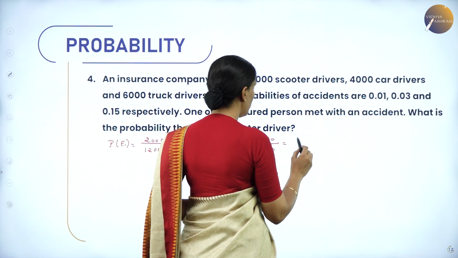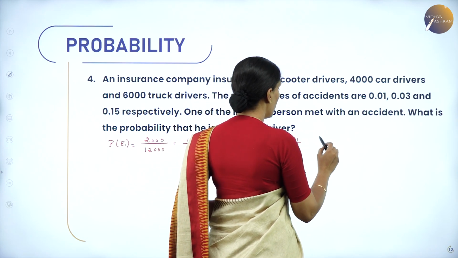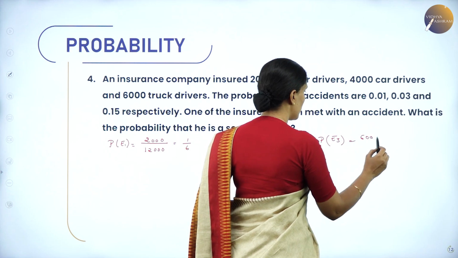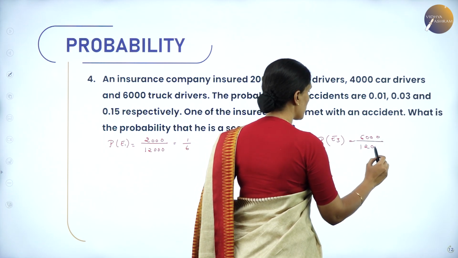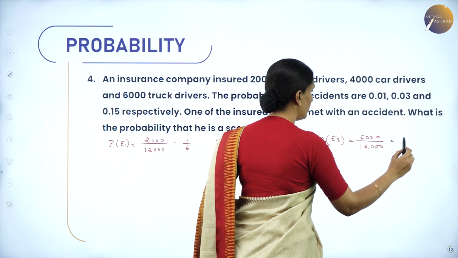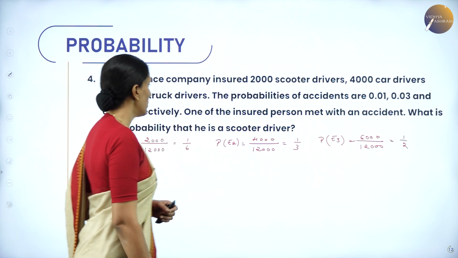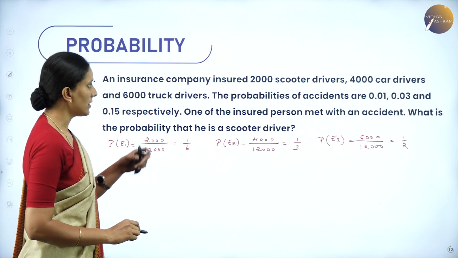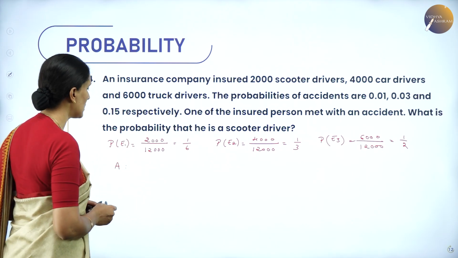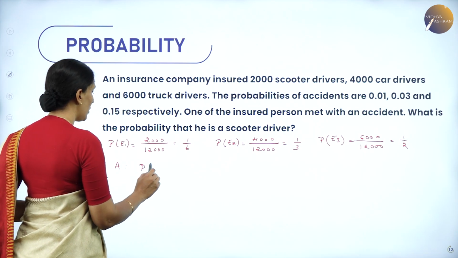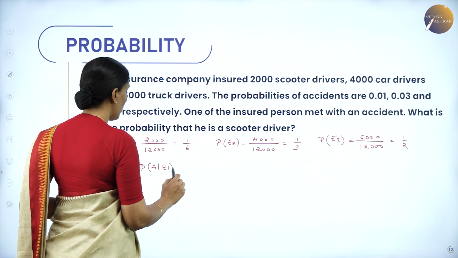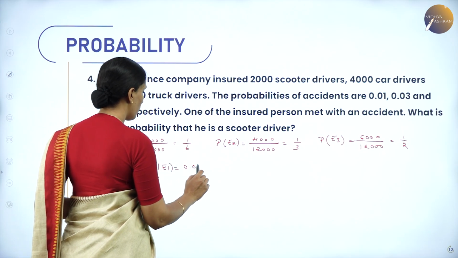So that is equal to 1 by 3. The probability of choosing a truck driver is 6,000 divided by 12,000. So that is equal to 1 by 2. Now here, if I represent A as the event of an accident, then the probability of a person meeting with an accident who is a scooter driver, the value is given, that is 0.01.